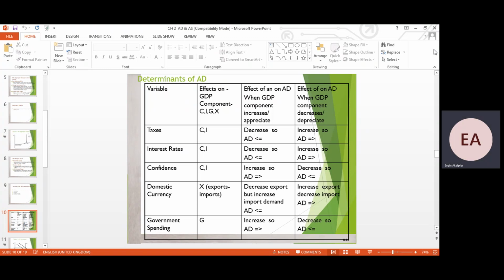And when the currency is depreciated, then the export is supposed to be increased and import decreased, and the aggregate demand is supposed to be enlarged for the foreigners.